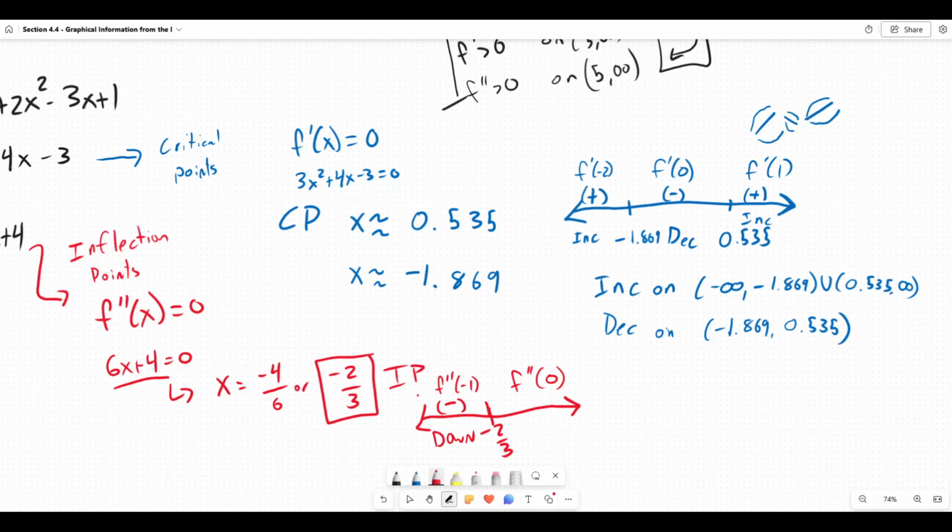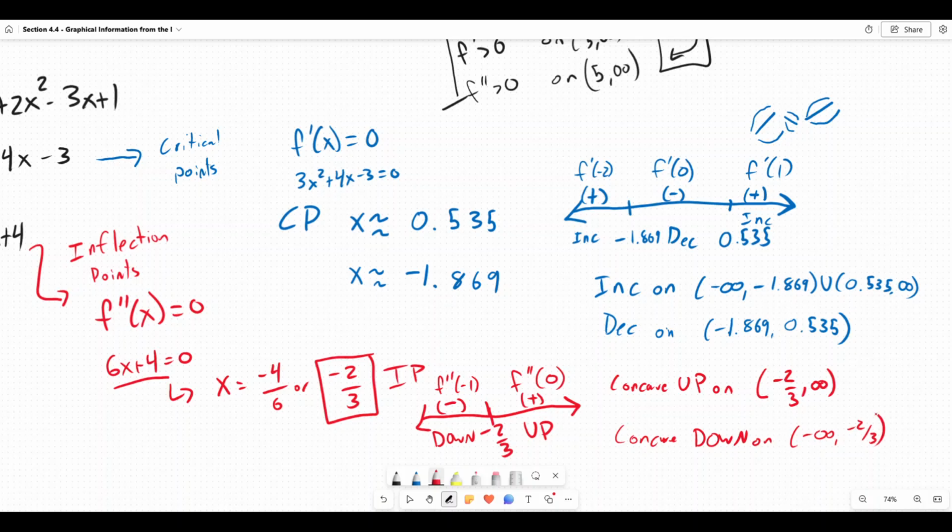And if I plug in 0, I get 4, positive, which means it's concave up. So it's concave up on negative 2/3 to infinity, and it's concave down on negative infinity to negative 2/3.